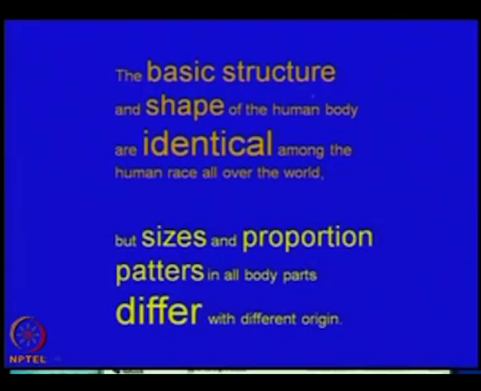The basic structure and shape of the human body are identical among the human race all over the world, but sizes and proportion patterns in all body parts differ with different origin.